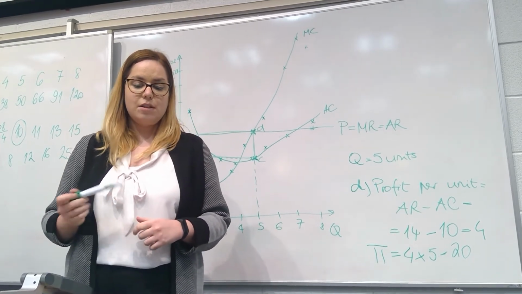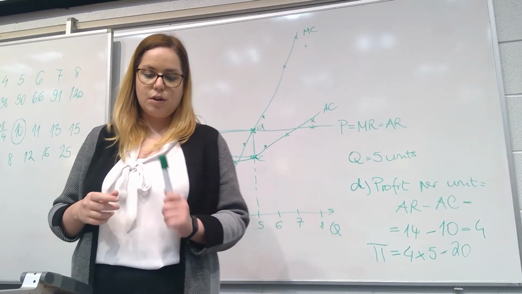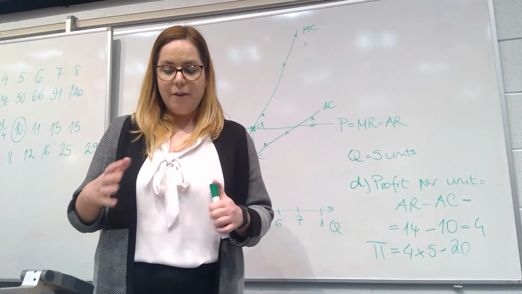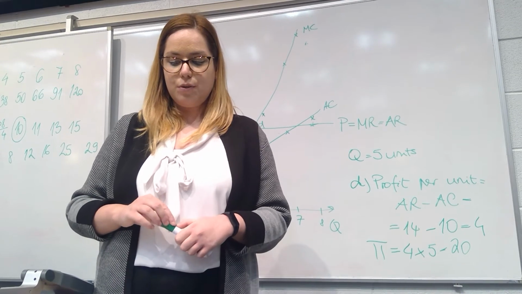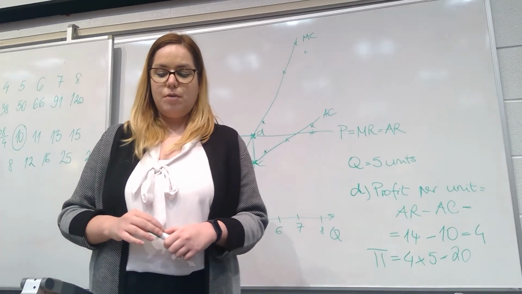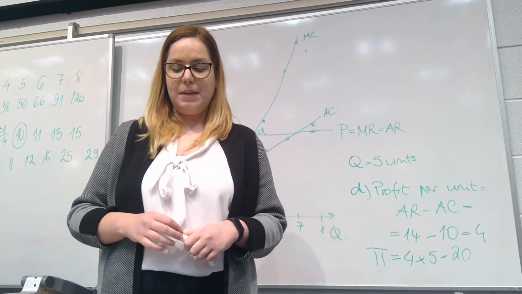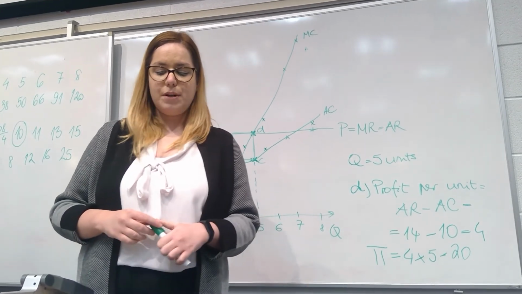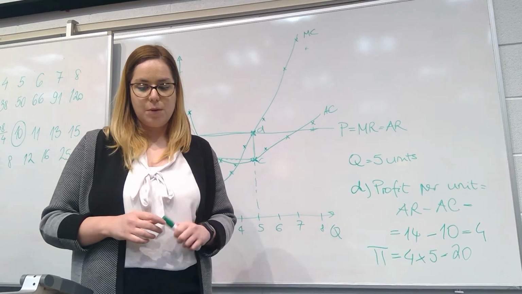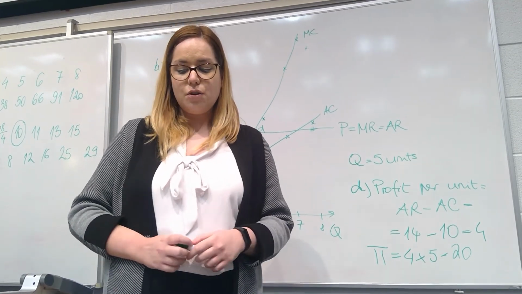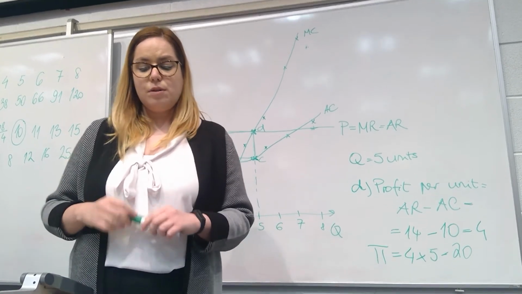This is also something you discussed in your lectures, so the correct answer is answer A. Question number 9, a profit maximizing monopolist produces where marginal revenue equals marginal costs, so the correct answer is answer B. Question number 10, the marginal revenue curve in monopoly. This is something you discussed in your lectures as well. It is below the demand curve.